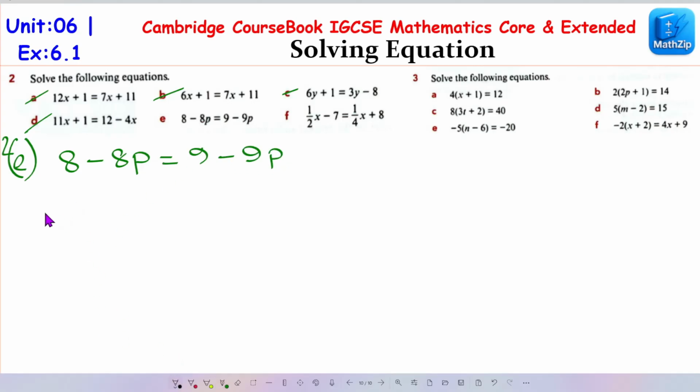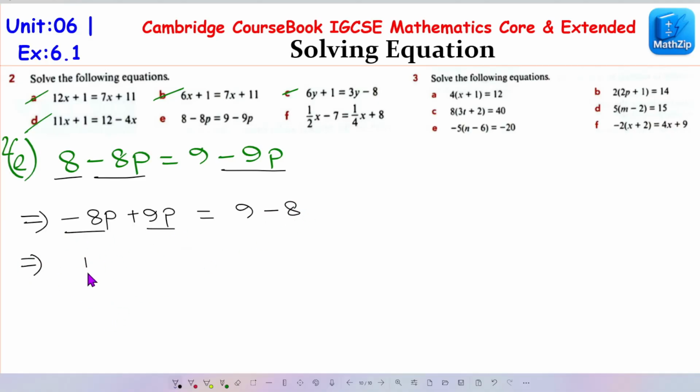So here is minus 8p and this minus 9p becomes plus 9p equals 9, and this 8 becomes minus 8. So minus 8p plus 9p is p equals 9 minus 8, which is 1, and this is our answer.